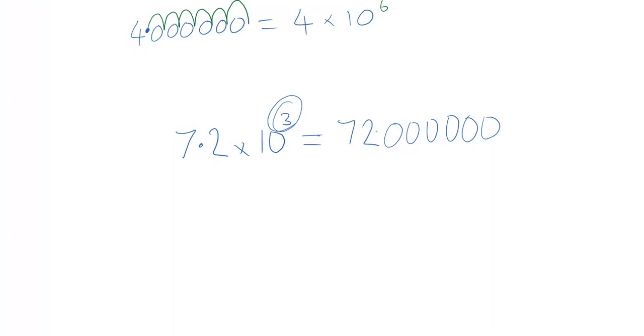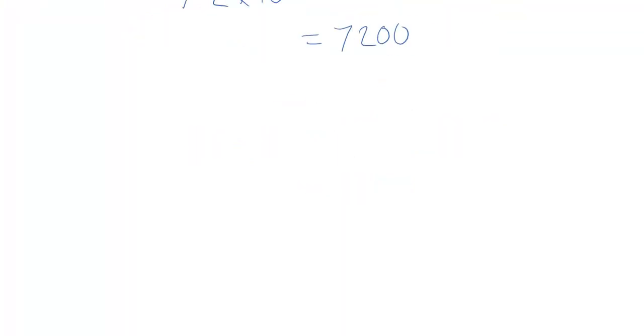So 1, 2, 3. I started that at the decimal place that I wrote my standard form in, and it ended up here. So that is going to be my number. Let's just rewrite that a little bit neater underneath. My answer is 7,200.